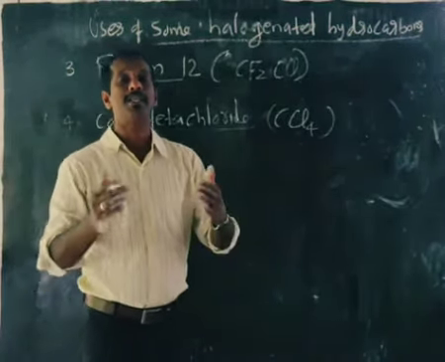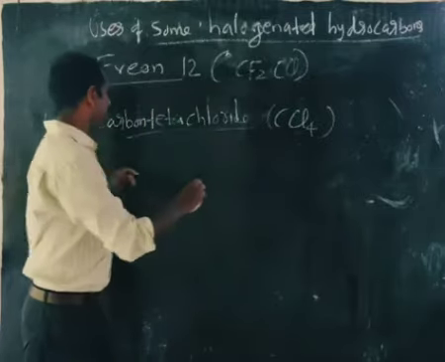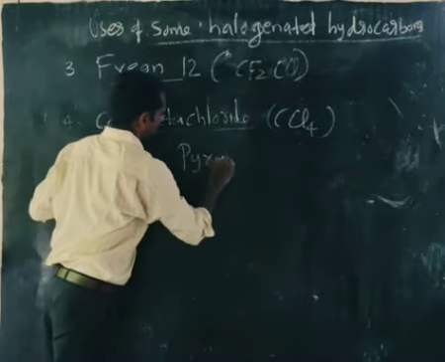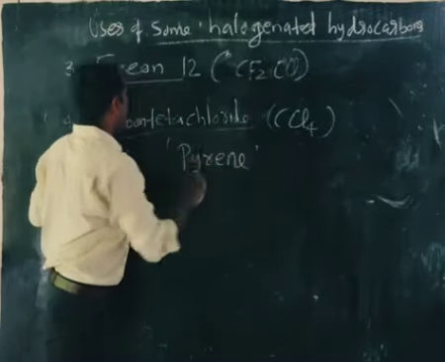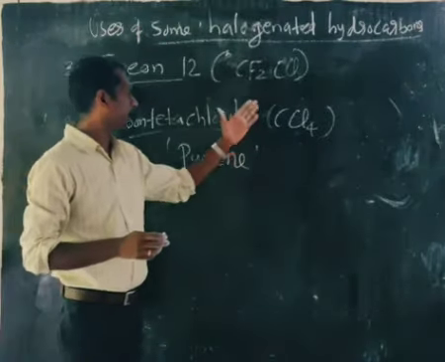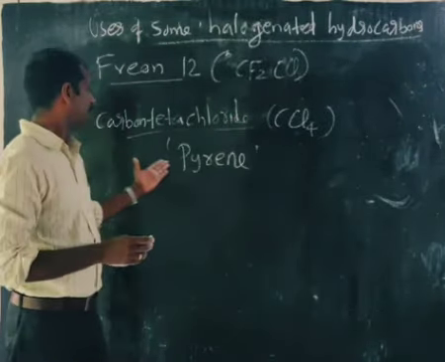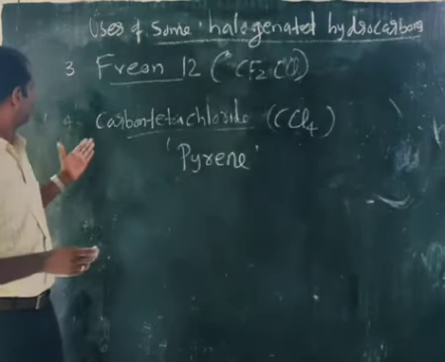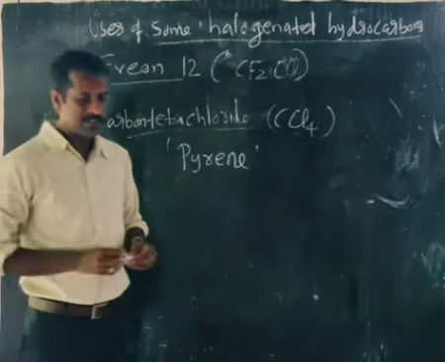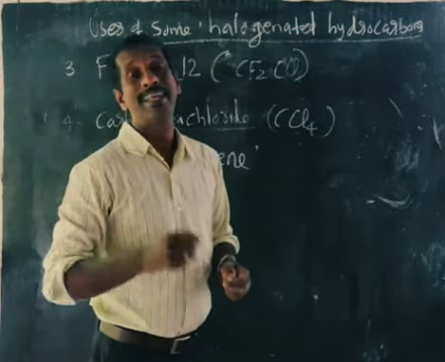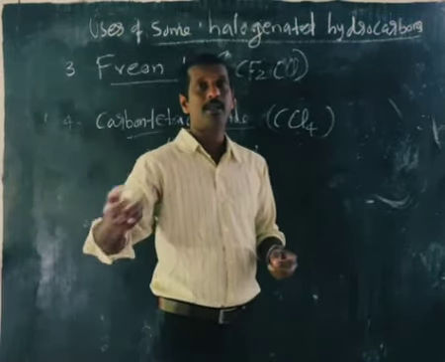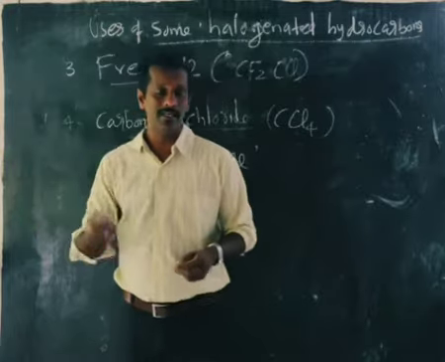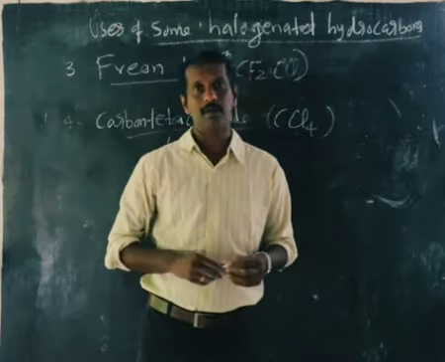Second, it is used in fire extinguishers under the name pyrene. When carbon tetrachloride is used in a fire extinguisher, it is known as pyrene. Then the next use is degreasing in dry washes, and it is used as a cleaning liquid.